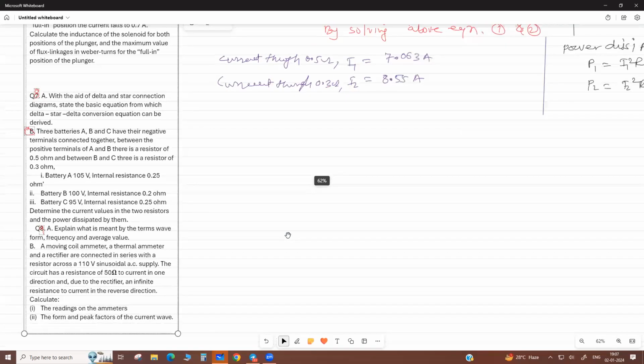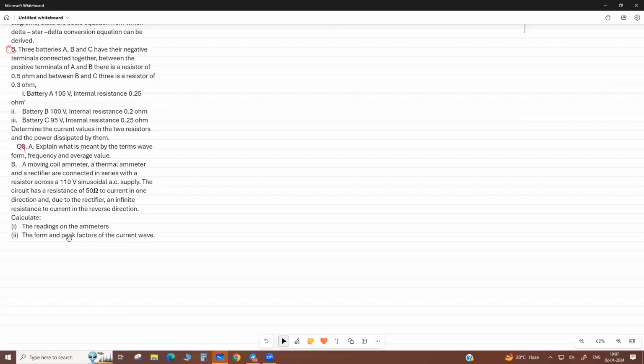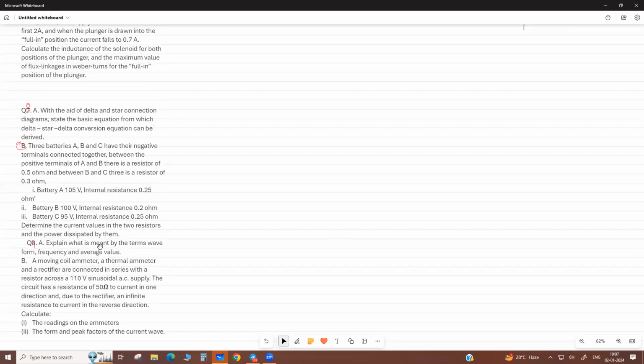First of all, we explain these things, then we explain the rectifier also, because there is a question from the rectifier circuit.